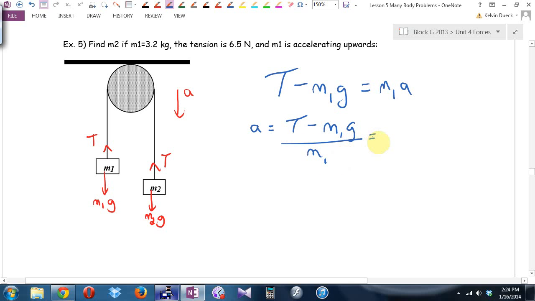It's going to be 6.5 minus 3.2 times 9.8, all over. I'm terrified I might have made up bad numbers here.